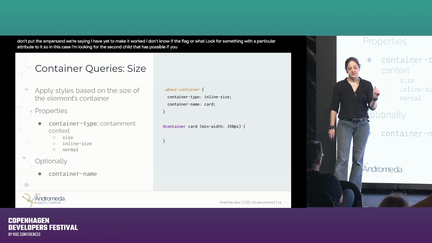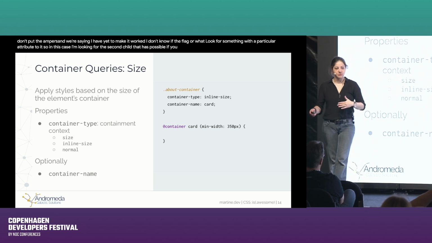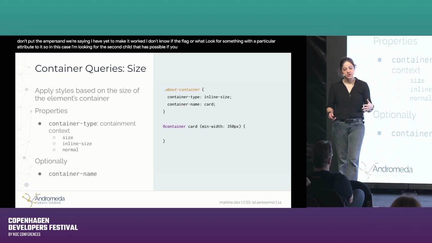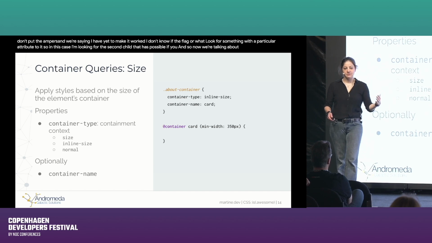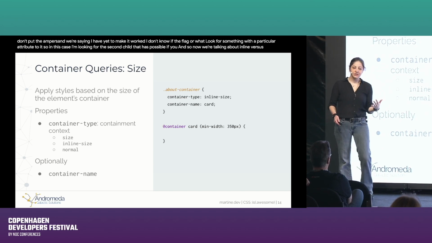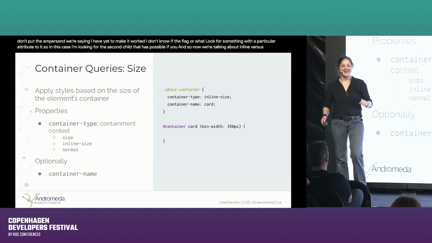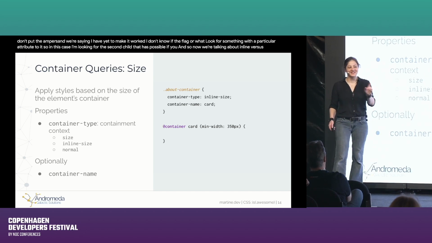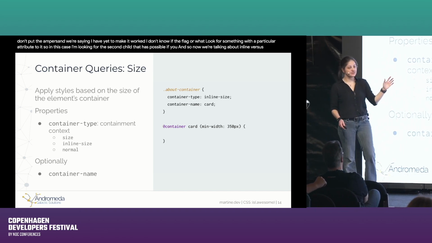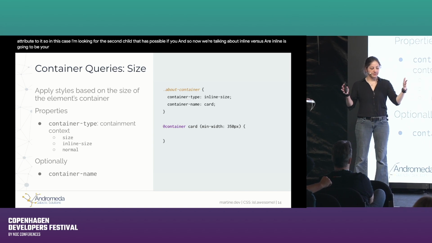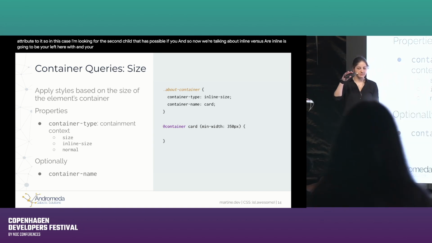What they've done is move away from the horizontal versus vertical language. Now we're talking about inline versus block, and that has to do with the direction of writing. If we think about English, where we write from left to right, our inline is going to be your width, and your block is going to be your height.